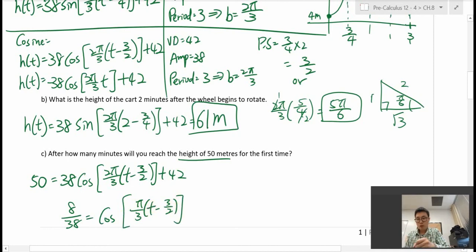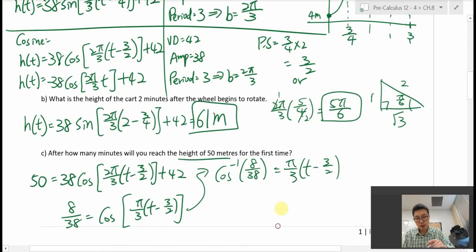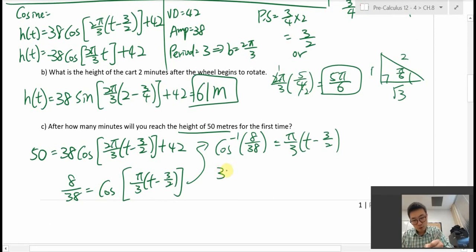Now to solve this, you need to take the inverse cosine of that. I won't reduce it, because I'm going to put it into the calculator anyway. Pi over 3 times t minus 3/2. Now you need to get rid of this pi over 3, and to do that you have to times 3 and divide by pi. So it's going to be 3 times inverse cosine of 8 out of 38, divided by pi, equal to t minus 3 over 2.